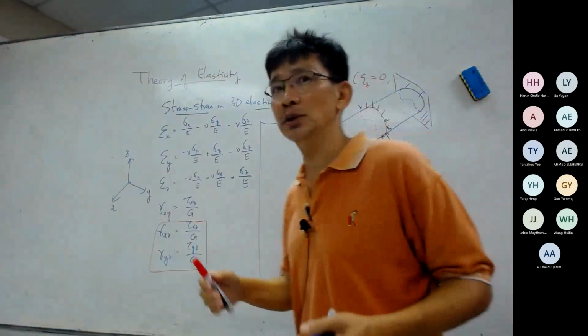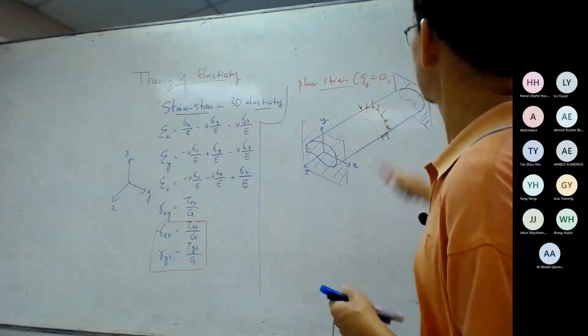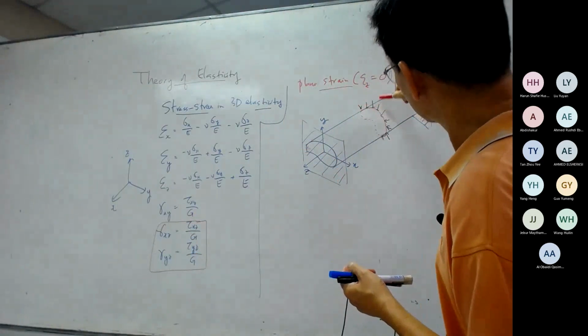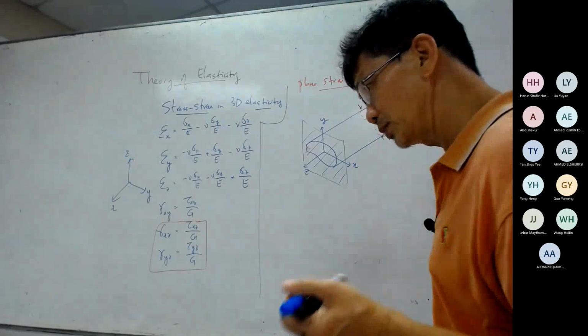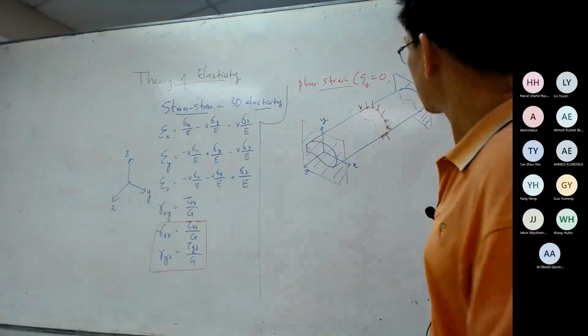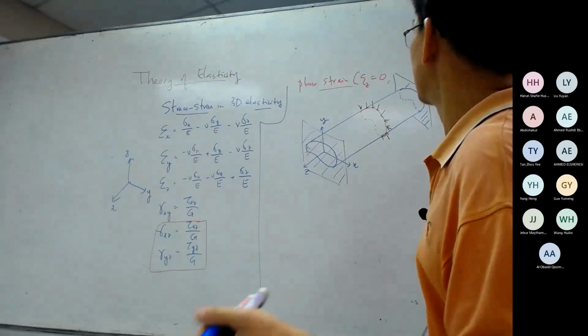But consequently, because you have the stresses acting in the x and y directions, due to the Poisson ratio effect, it will try to make the third direction, the z direction, expand.